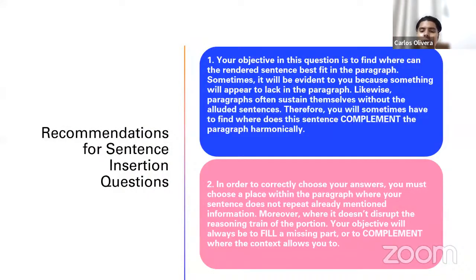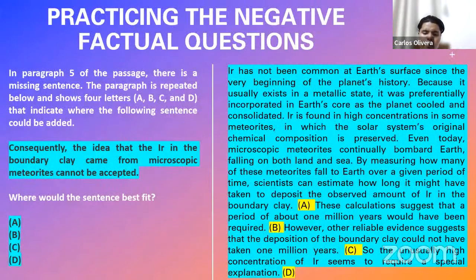Now, the second scenario is that, likewise, these paragraphs often sustain themselves without the alluded sentences. That is to say, you read the paragraph and you think, hey, this doesn't actually need a new sentence. So where am I going to include this sentence they are asking me to introduce if the paragraph is very good?